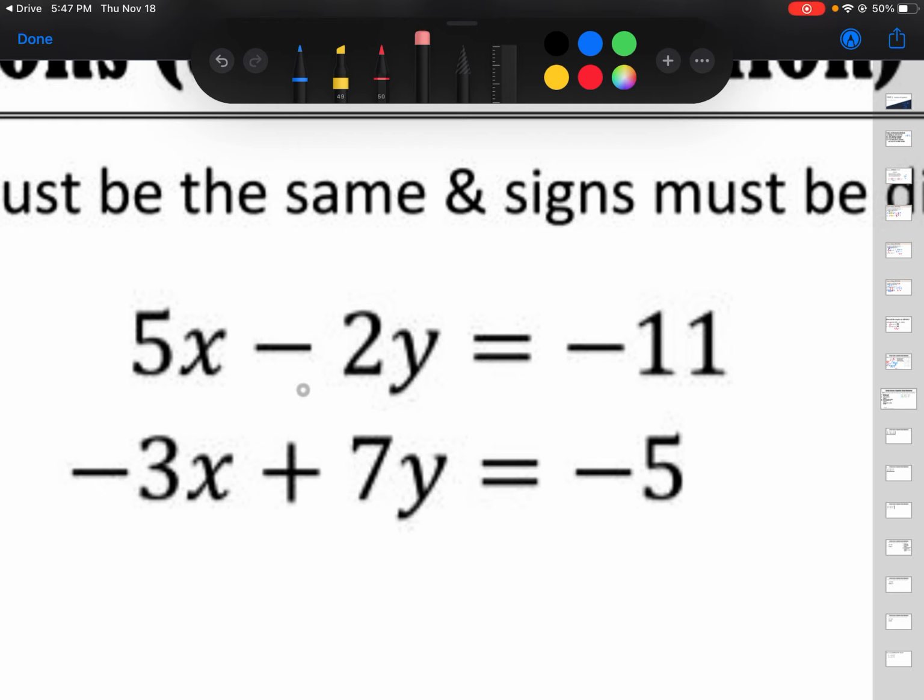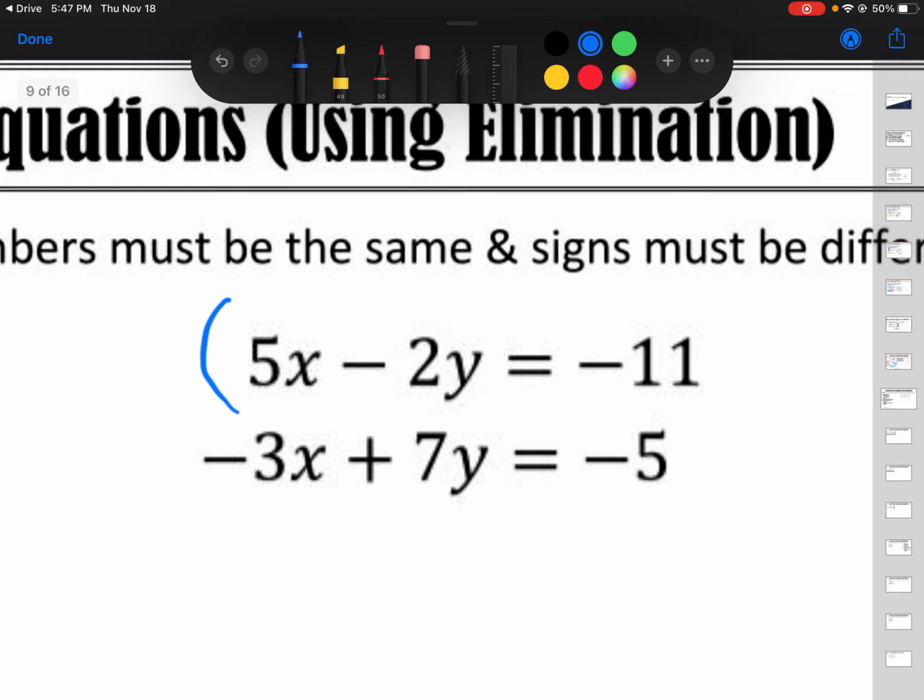Is there a way that this negative 2y can become a 7y? No. So I have a choice. I can either eliminate the x's, in which case I would have to multiply both equations by something, or I can eliminate the y's. In the same case, I would have to multiply both equations by something.